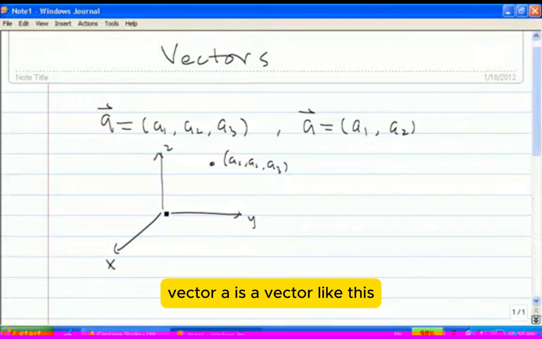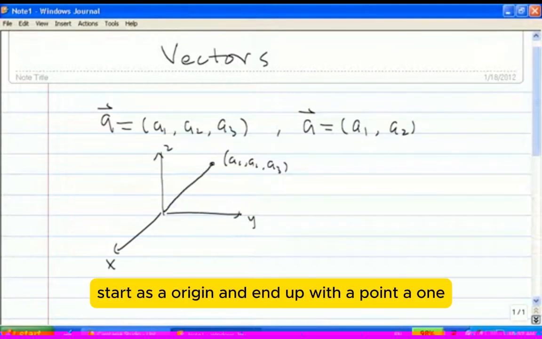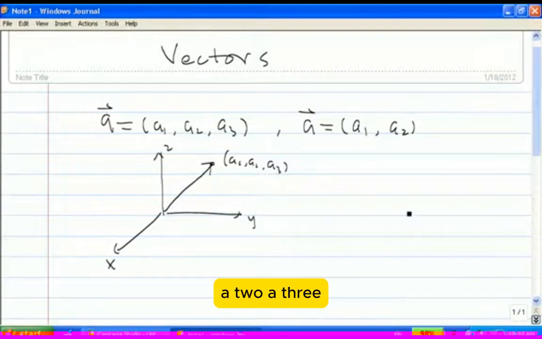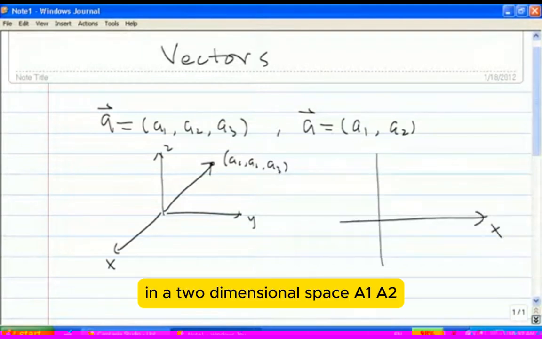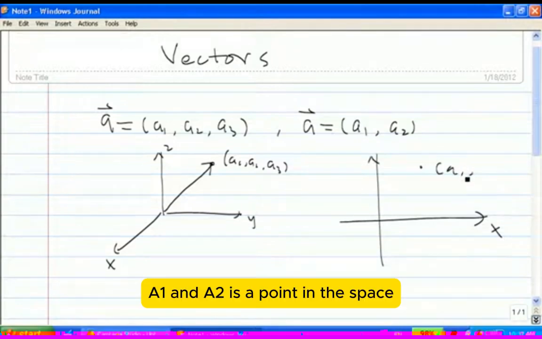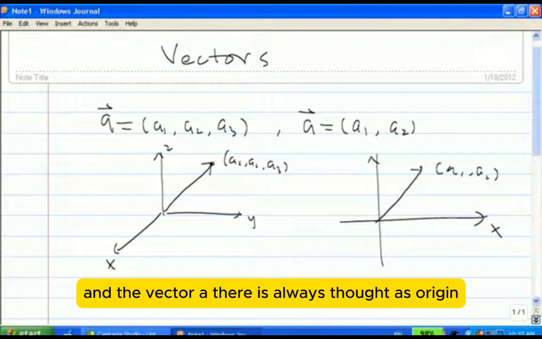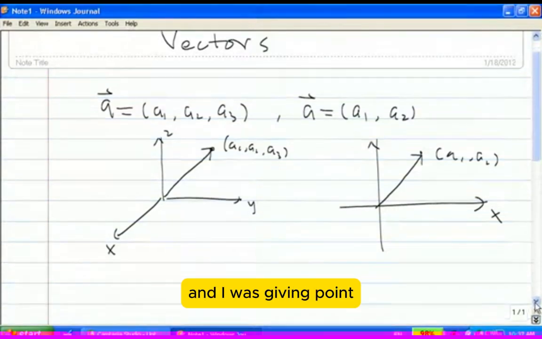Vector A starts at the origin and ends at the point A1, A2, A3. In two-dimensional space, A1 and A2 give a point in the space, and the vector A always starts at the origin and ends at the given point.